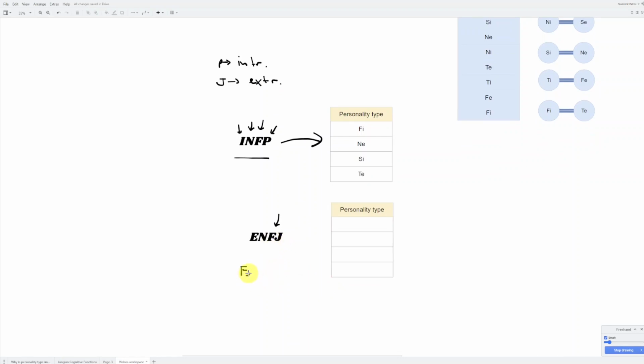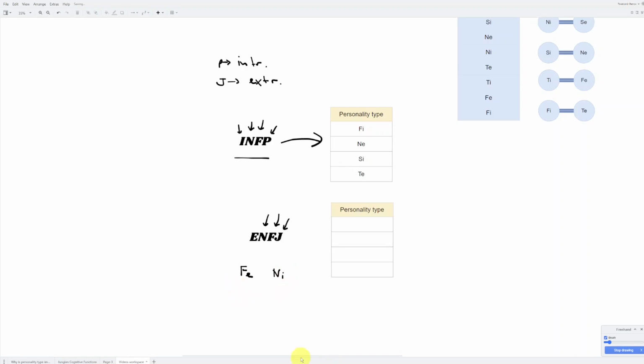So we know that this type uses extroverted feeling. Then we want to understand what the other function is. We know that the second letter is an N, so the other function is going to be intuition. And since the first function was extroverted, this function has to be introverted.